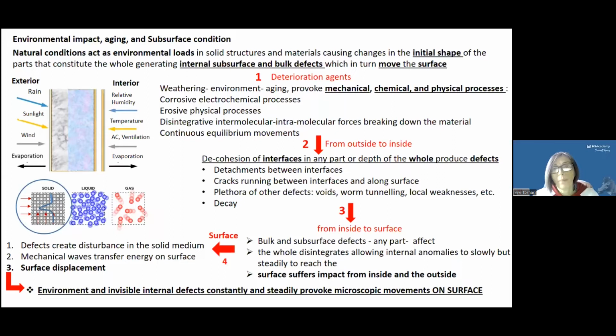Because we have to keep in mind that we speak about small microscopic movements which affect the surface, so we can have, prior to damage, an understanding of what is going on inside our object and which are these deterioration agents that impact on our object, and they create the microscopic movement on the surface.